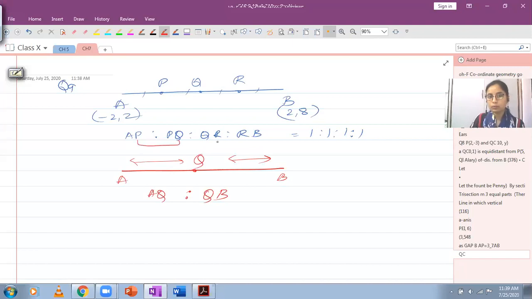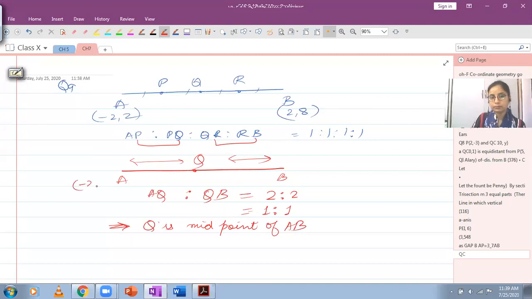So I've taken these two parts together and these two parts together. This ratio will be 2:2, which is 1:1. So this actually means Q is the midpoint of AB. Can you find out the coordinates of Q?